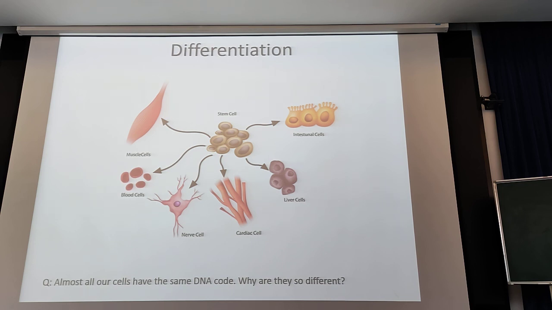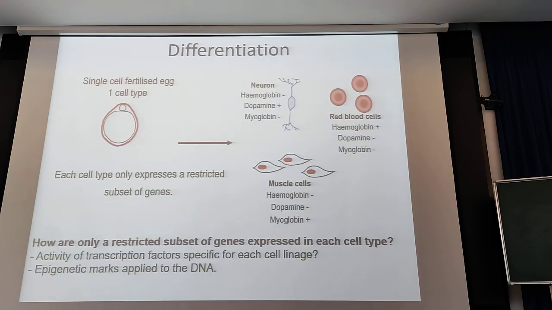When scientists investigated further which genes were turned on and which genes were turned off during differentiation, they found that depending on the cell line, a subset of genes was turned on and the other genes were turned off during development.